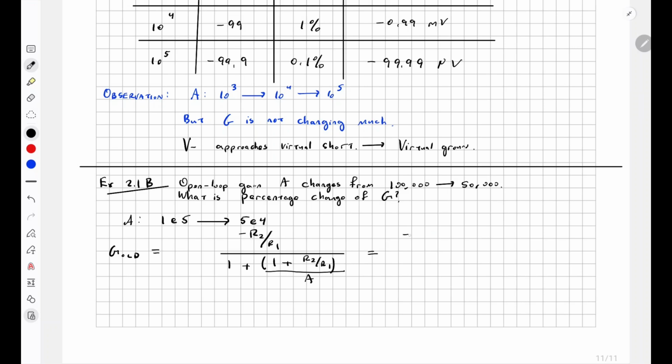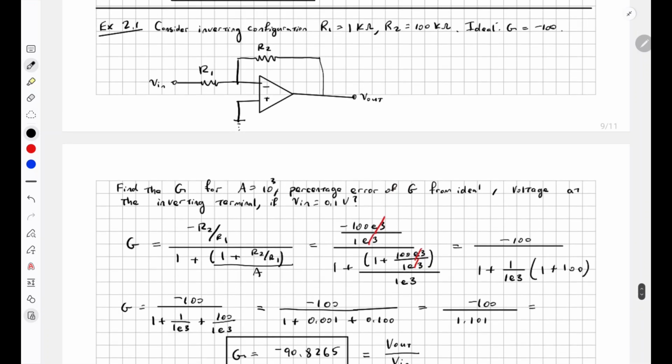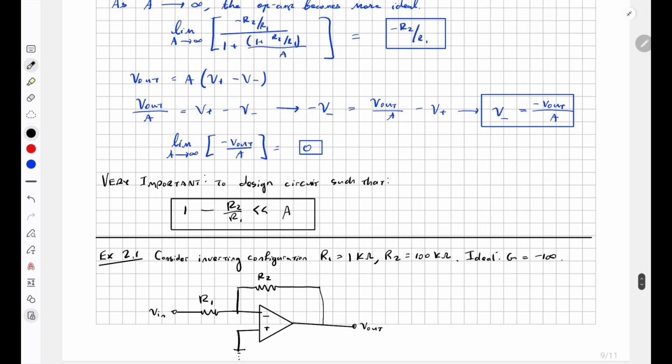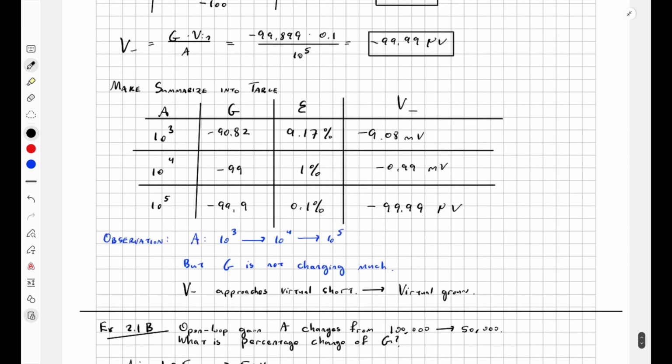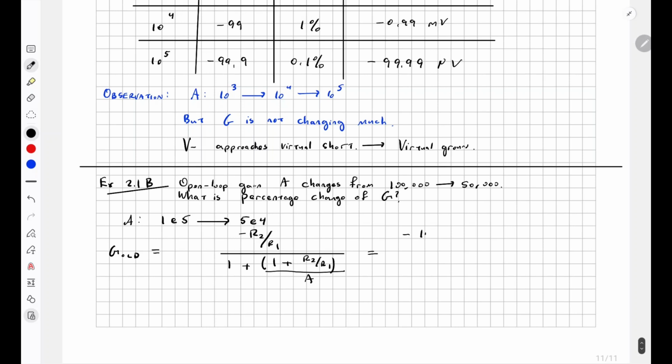We're told that R2 is 100 kilo ohms, R1 is 1 kilo ohm. 100 kilo ohms divided by 1 kilo ohm is just 100, and A is 100,000.